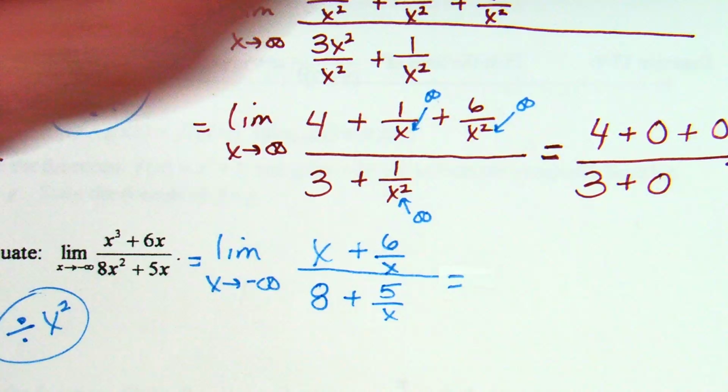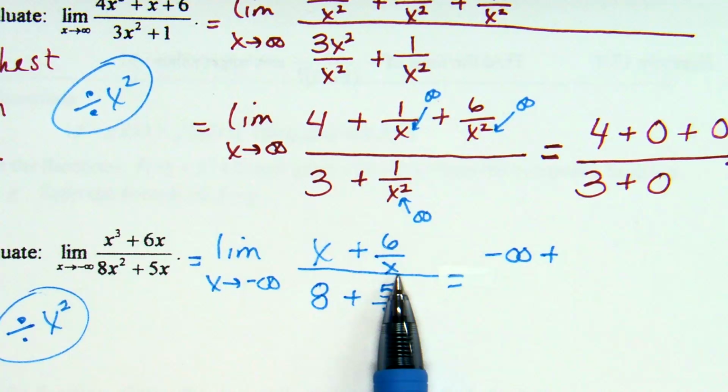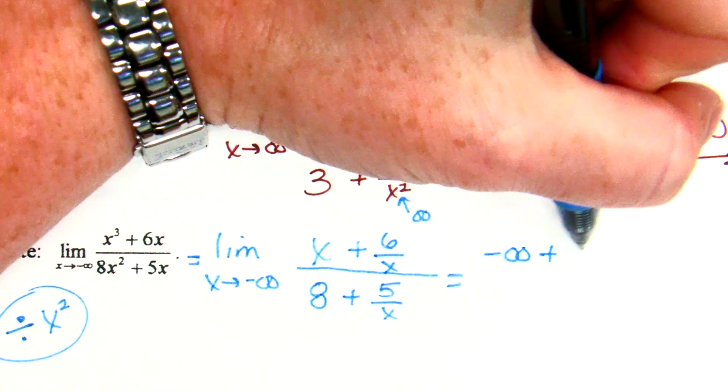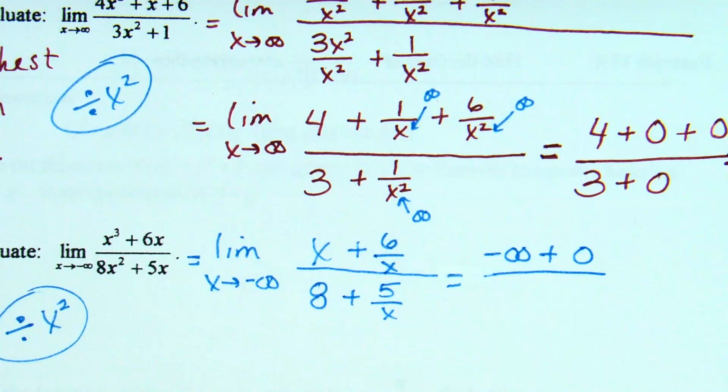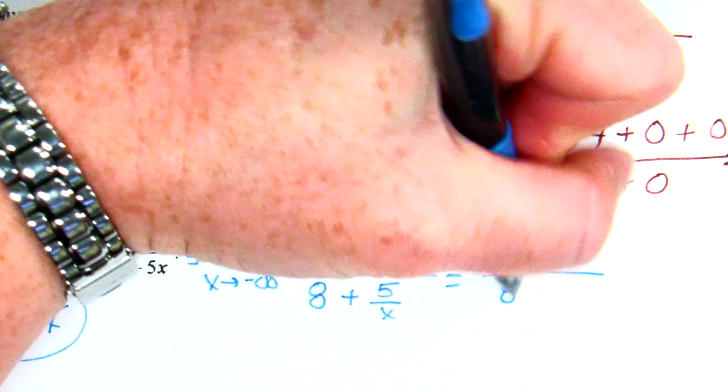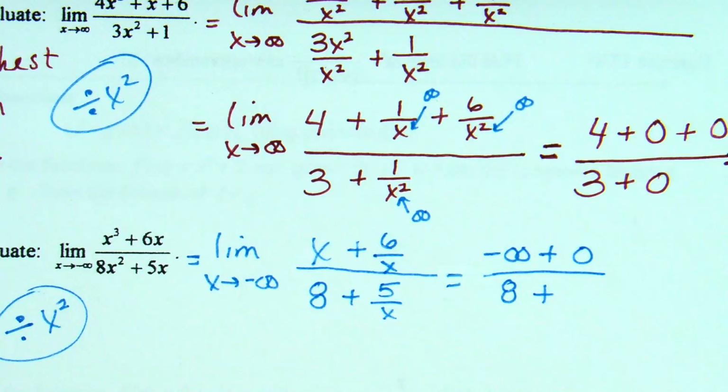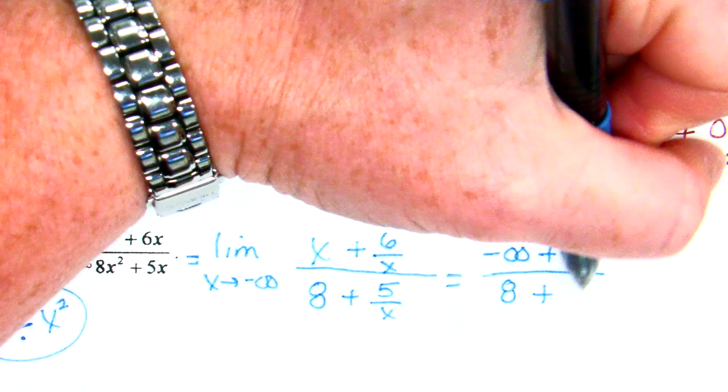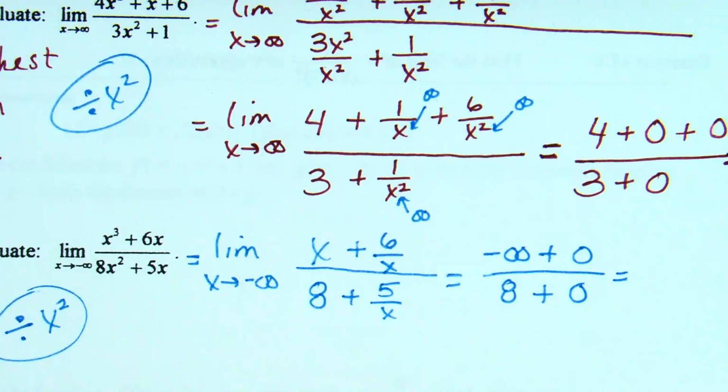I don't care if it's divided by positive infinity or negative infinity, you are still approaching 0. So on top, I have negative infinity plus 0. Denominator: 8 plus 5 divided by x. So 5 divided by negative infinity is 0. So the point is, did anything matter besides the lead terms? No. These other guys don't matter.